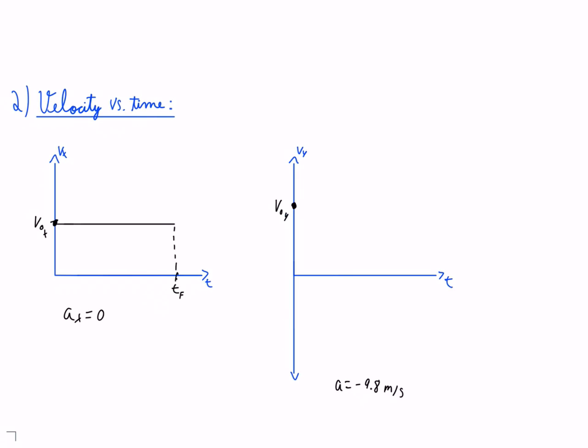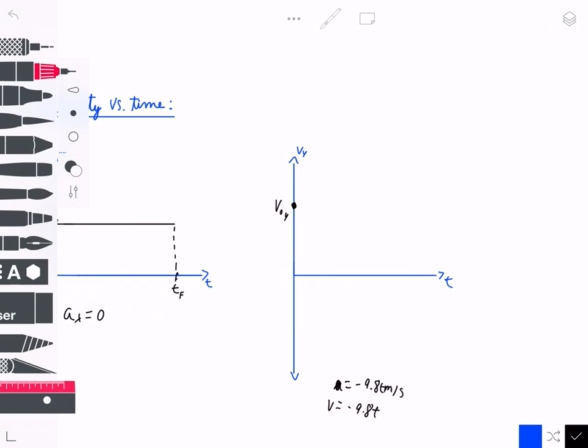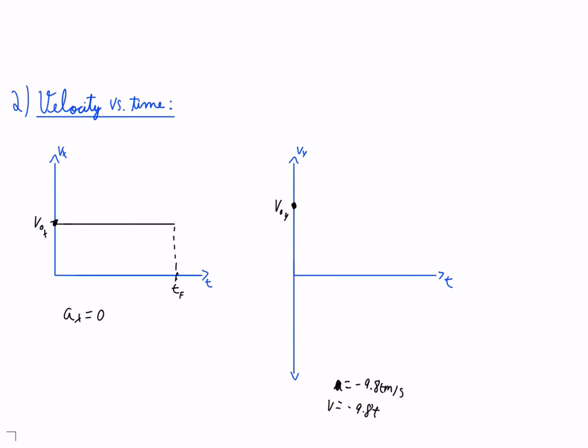The slope of this graph, which will be linear, because velocity is equal to negative 9.8 t. I'll draw here really quickly a linear function that will go below the x-axis, or the time.